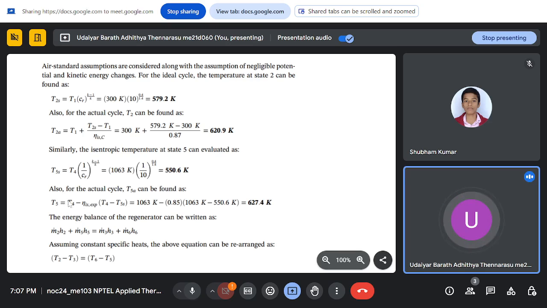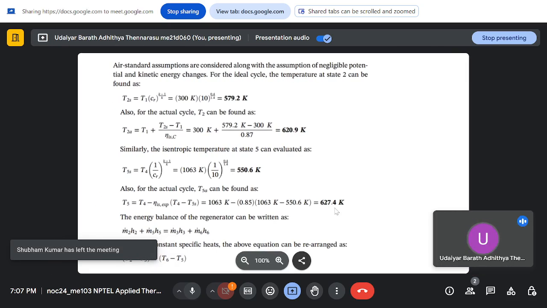So here T5 is 1063, T4 which is known, minus your turbine efficiency, given as 85%, so 0.85 into inlet temperature 1063 minus your T5S, which you found as the ideal temperature out, 550.6. This gives you the actual temperature at the exit of the turbine as 627.4 Kelvin.